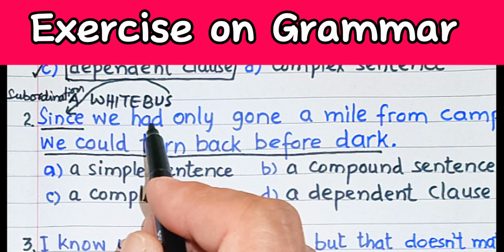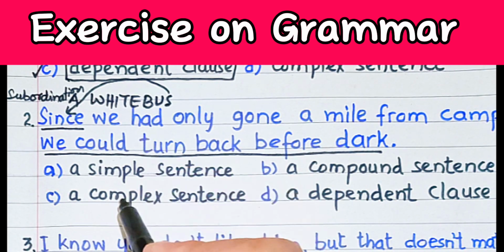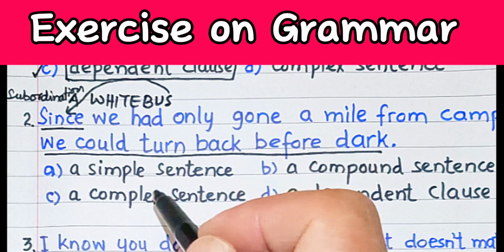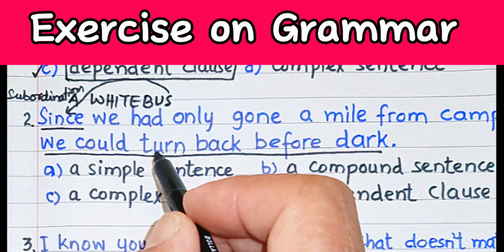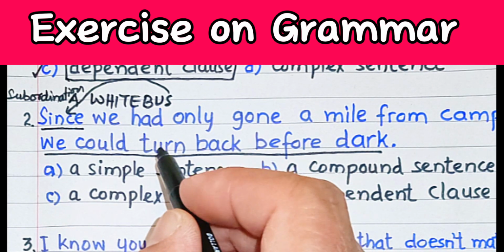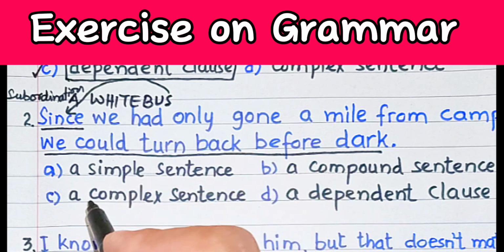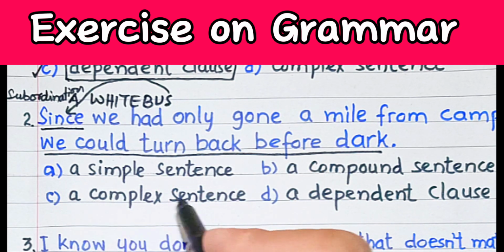One thing to be mentioned over here is that a sentence that is a combination of one independent and one dependent clause is going to be called a complex sentence.